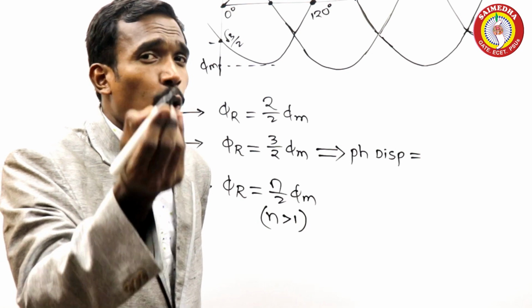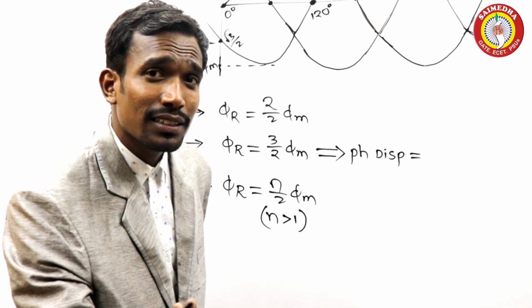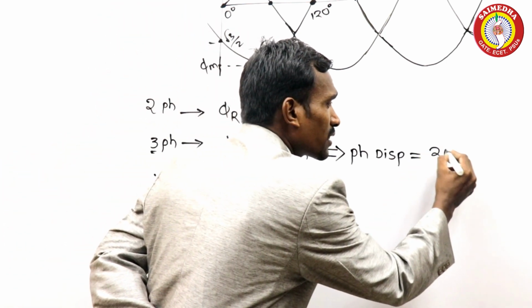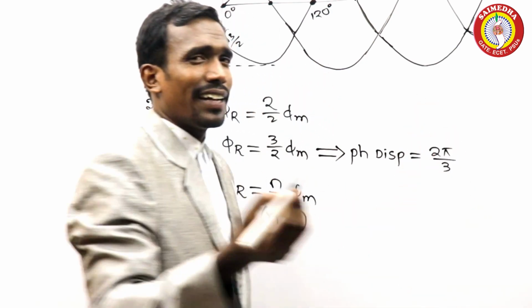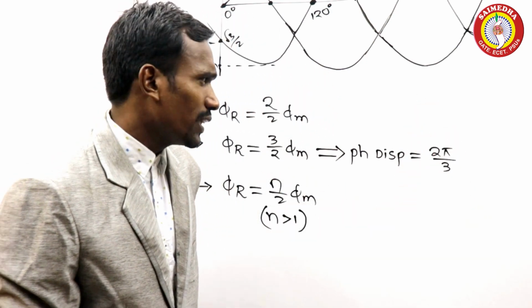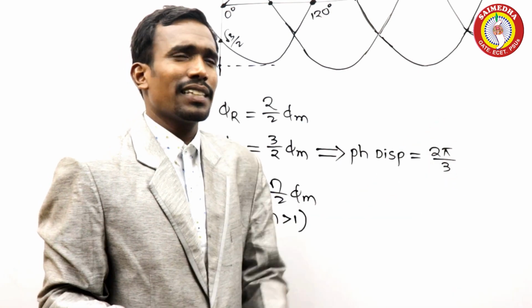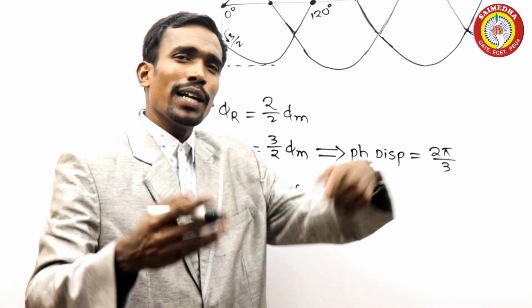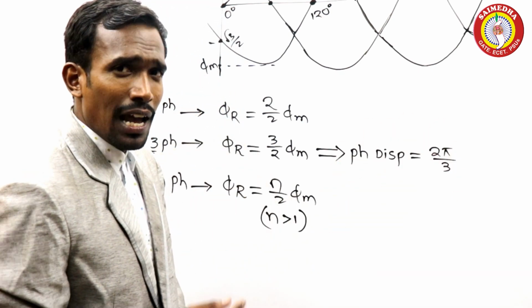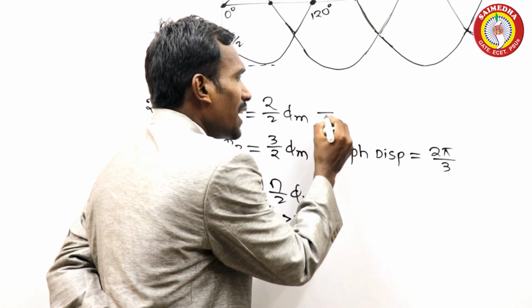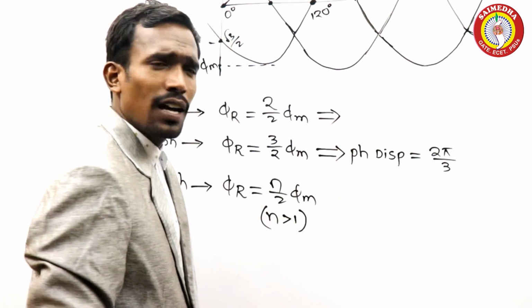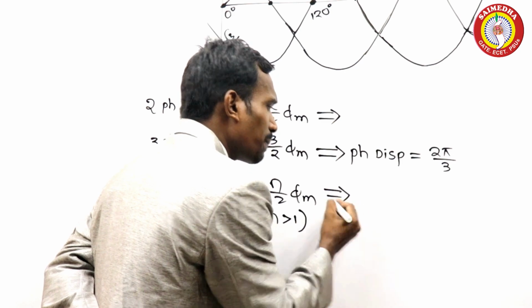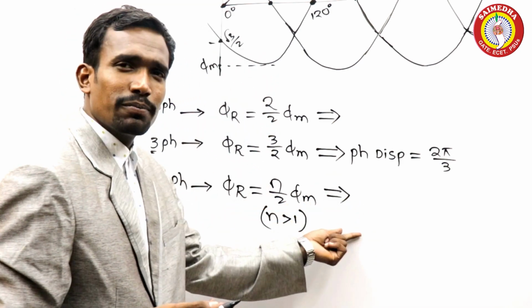I know that. 120 degrees is nothing but 2 pi by 3 radians. We know that, sir, 2 pi is 360, 360 by 3 is 120 degrees. Can you tell me what the phase displacement is for an n-phase system?